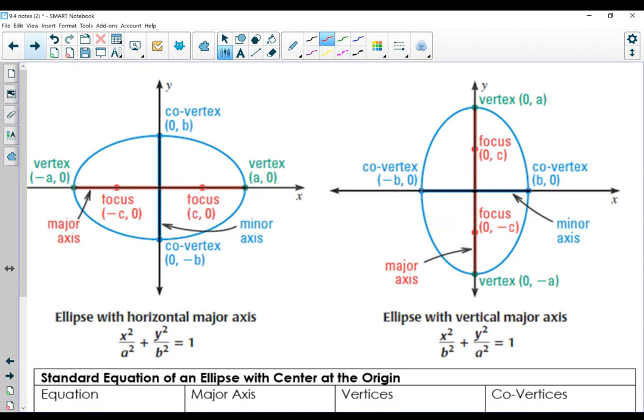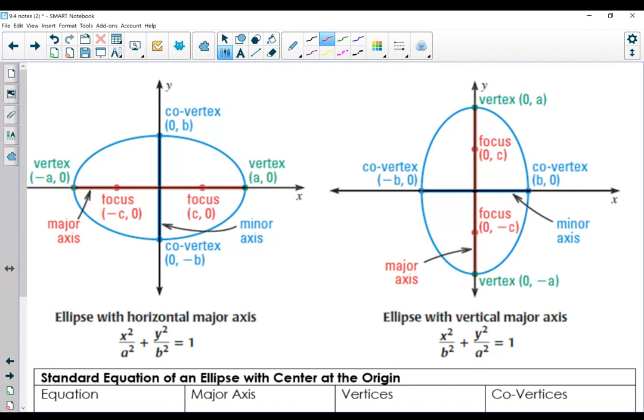So here's just some information about ellipses. We've got some different parts and things labeled. On one of them, this ellipse is going to be oriented so that our big axis is our x-axis, and the other one, our longer axis, our major axis, is in the y direction.